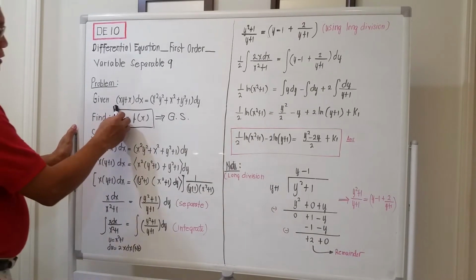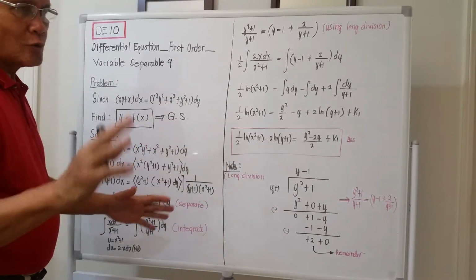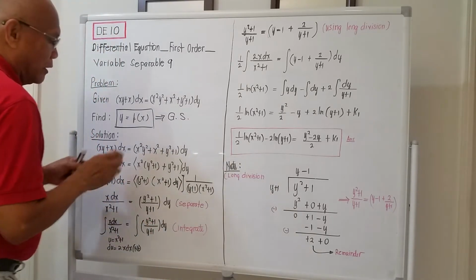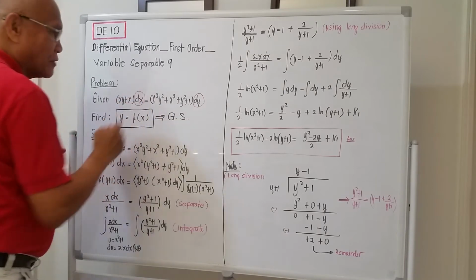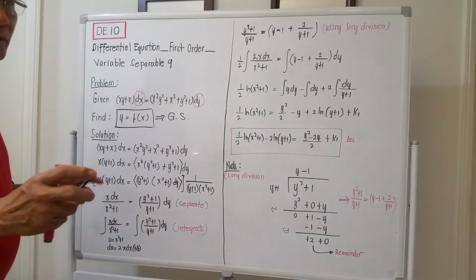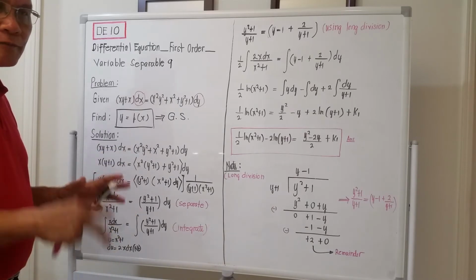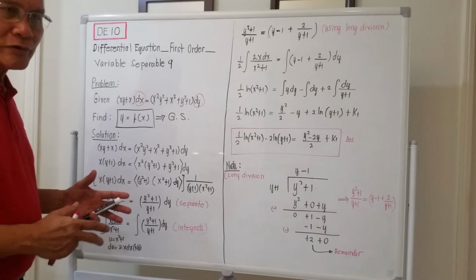I will rewrite the given differential equation. The given equation is a differential equation. Why? It contains differential y and it contains differential x. The definition of a differential equation is that if an equation contains differentials, it is a differential equation.